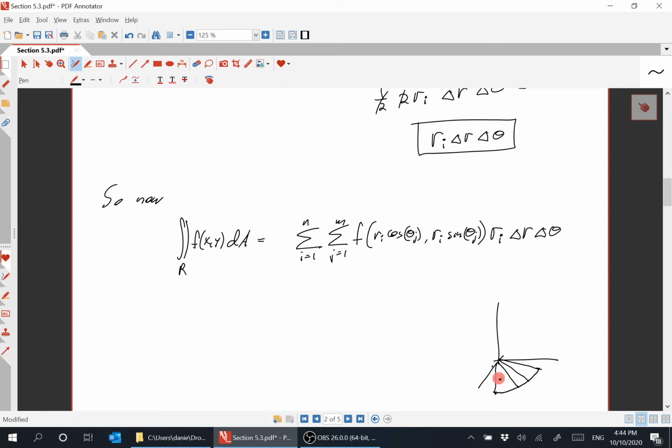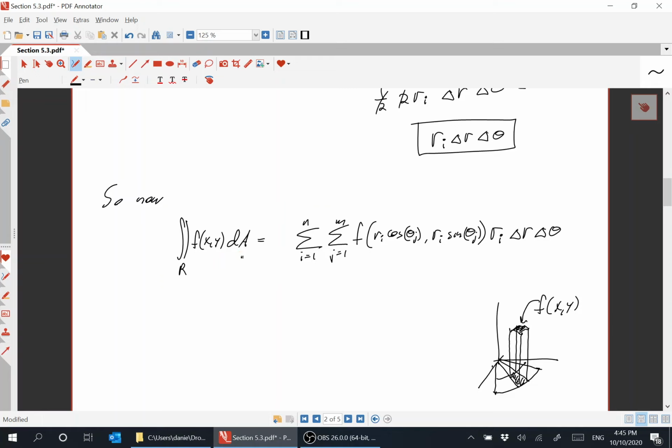You've got this whole area here, and then you've got that polar rectangle right there, and the height of this box, whose base is a polar rectangle, is given by the sample point for the surface f(x,y). So instead of estimating by boxes, we're estimating by things that are kind of like boxes, boxes of polar rectangles.